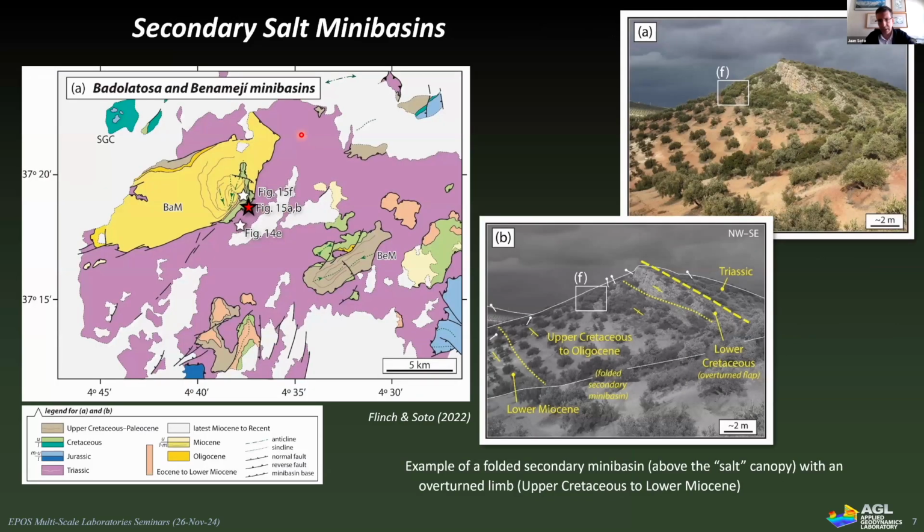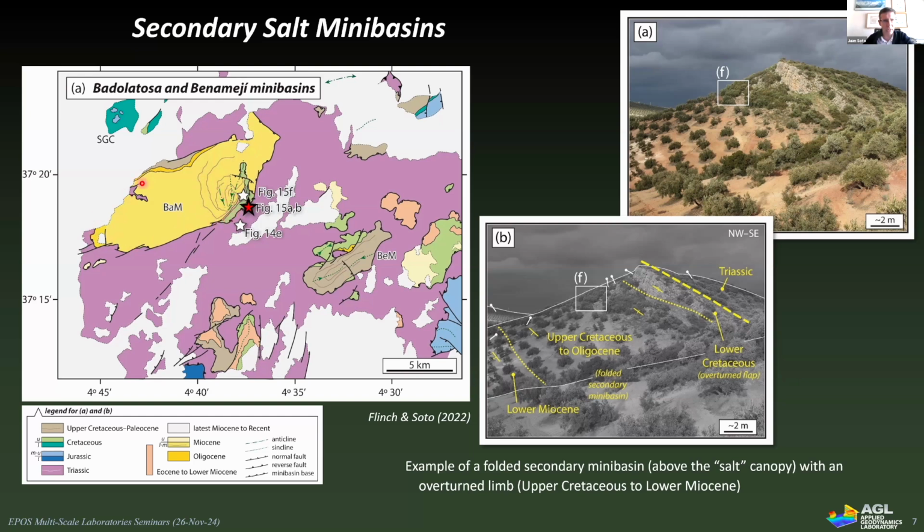Another intriguing and important structure in the area is that on top of the allochthonous salt canopy, because the subsurface is with salt, we have mini basins, tight and folded mini basins with Paleogene and Cretaceous strata, but also with Miocene strata. You can see here that we are interpreting the occurrence of overlapping geometries and also some mega flaps.